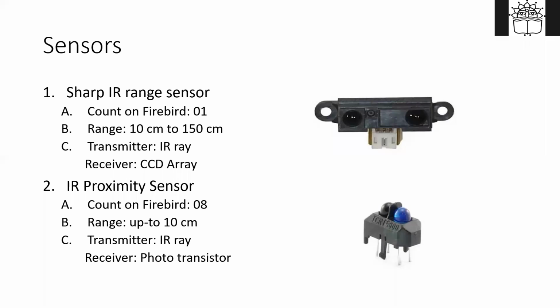The range of sharp IR sensor is 10 centimeters to 150 centimeters, right? Now this sharp IR sensor is what you can see in the first picture, and the second picture is of IR proximity sensor. There we are having a transmitter and a receiver. The transmitter is IR ray, that is infrared ray, and receiver is photo transistor.